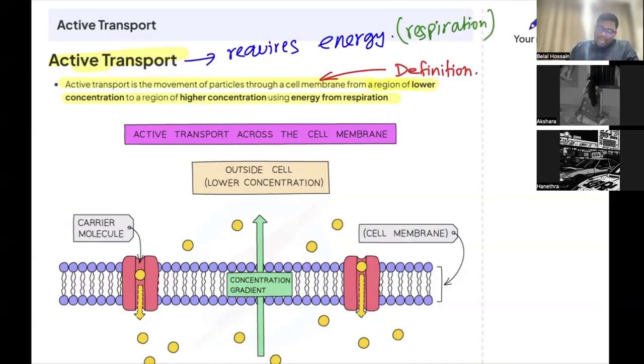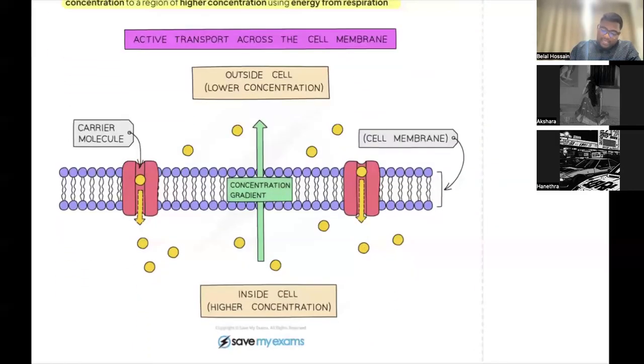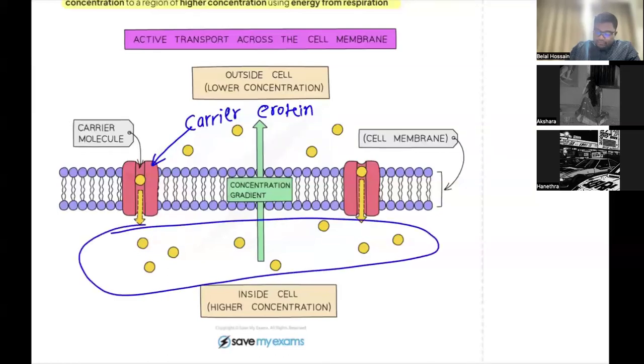But active transport also requires a carrier protein. What does it require? A carrier protein. Please remember that. These substances that we are trying to put inside the cell, we have high concentration outside the cell, low concentration.